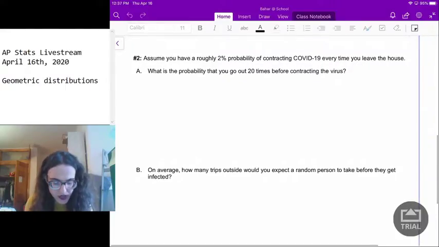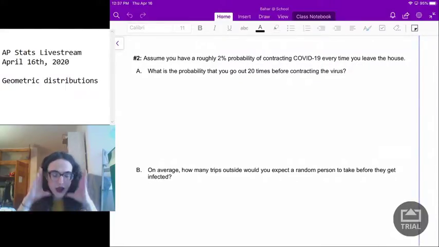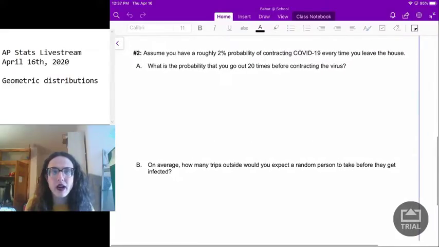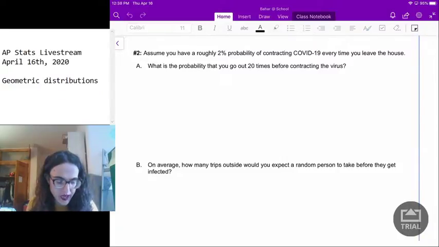So today I'm going to talk about a bit more of a specialized topic when it comes to this. So let's look at the problem. Now let's assume there is a 2% probability of contracting COVID-19 every time we leave the house.